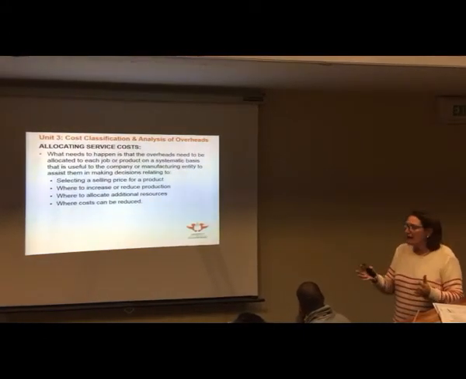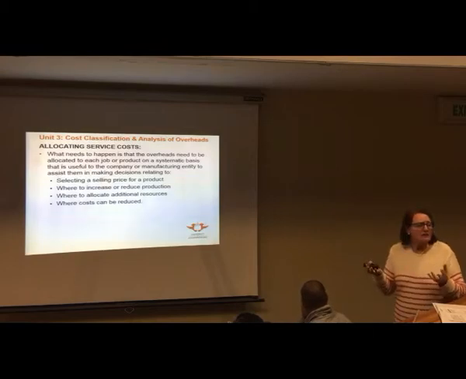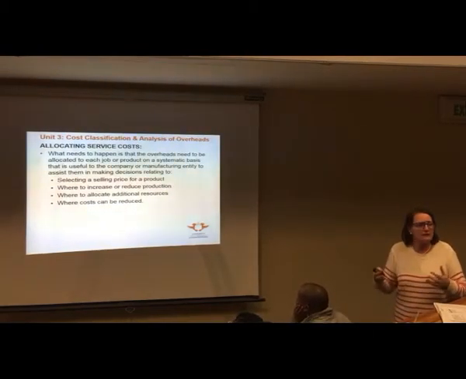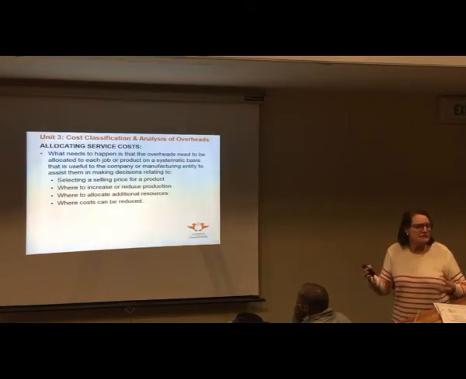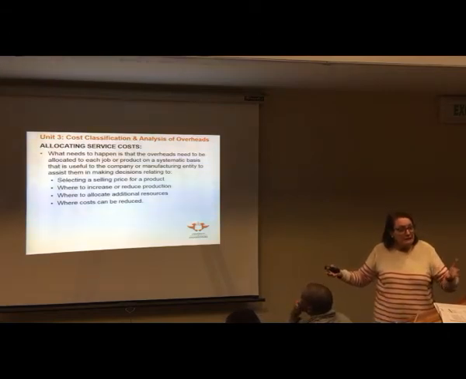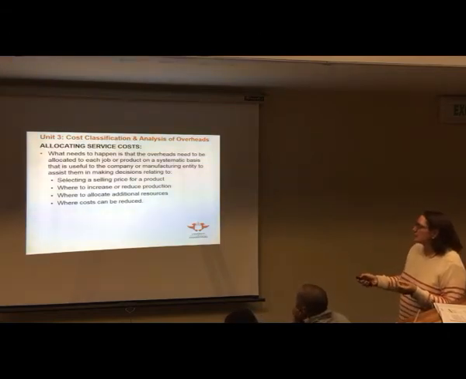You can say, well, I don't think that labor hours is the right basis to use to allocate manufacturing overheads in this particular situation because of this, this, and this. Let's see what happens if we allocate the overheads based on units of production. Maybe it works better.